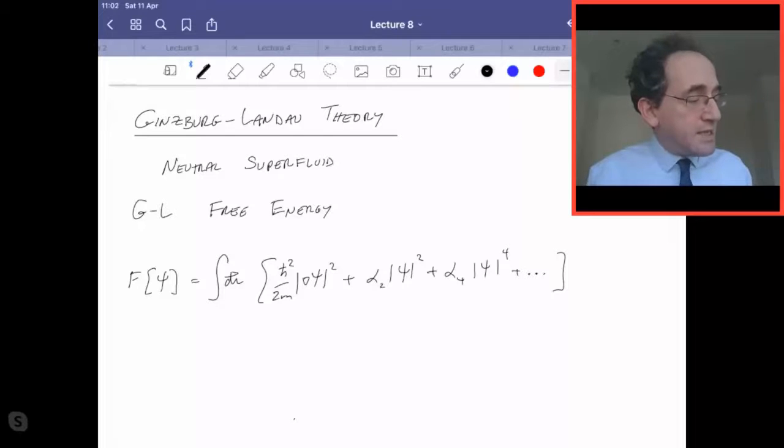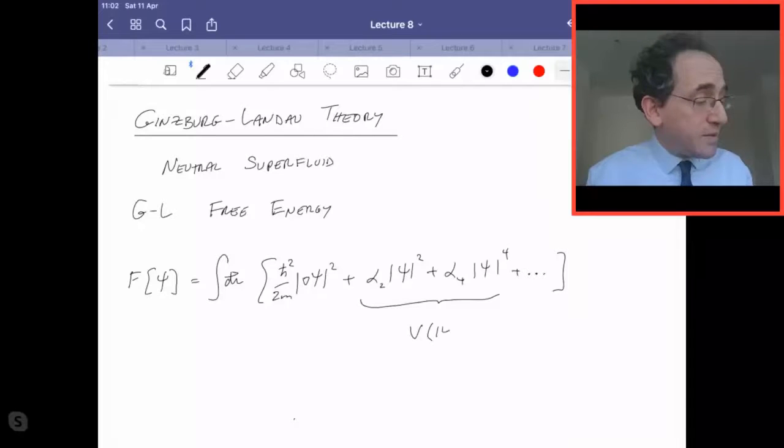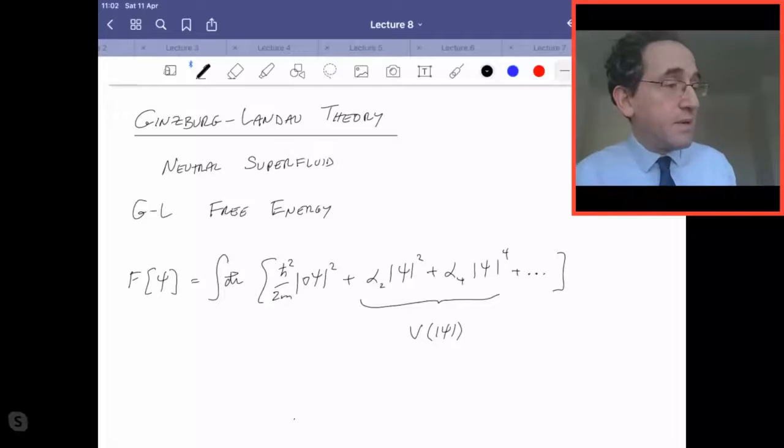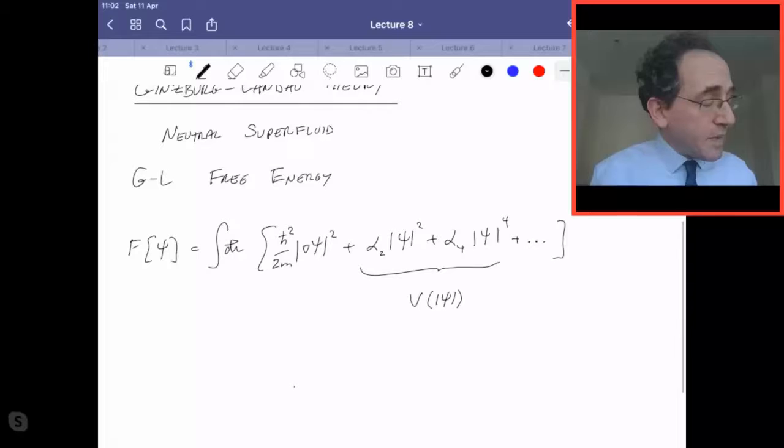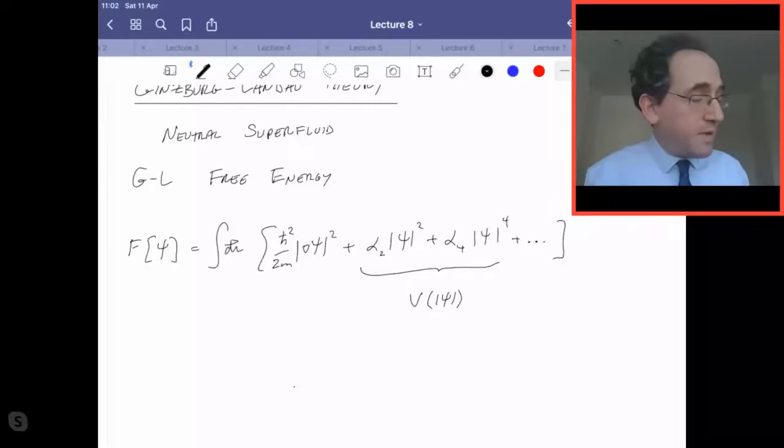And this combination, the terms without gradients, is often known as V, the potential, as a function of the absolute value of psi. Now, a couple things about this potential function. First of all, it's usually sufficient to truncate the series at fourth order, or at least it will be sufficient for us to truncate the series at fourth order, so we can throw away all terms of higher order.